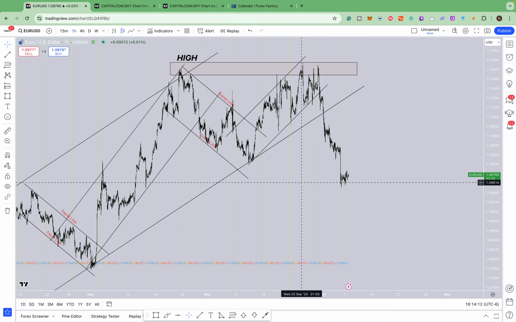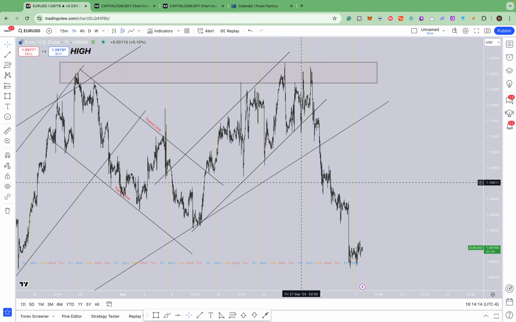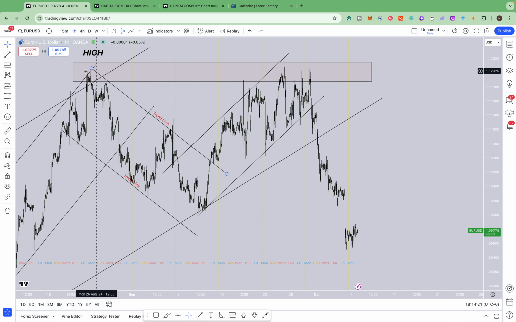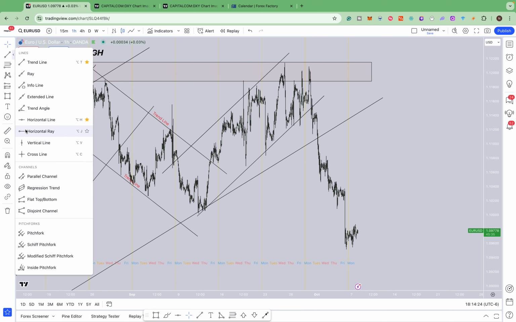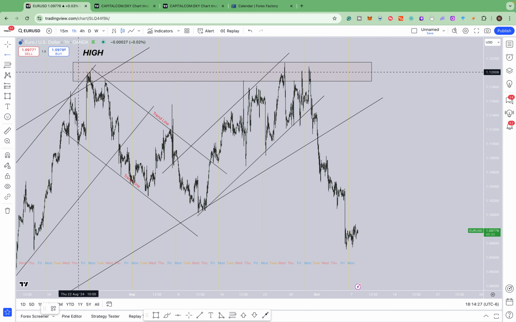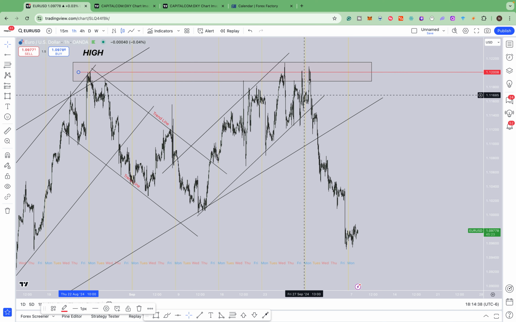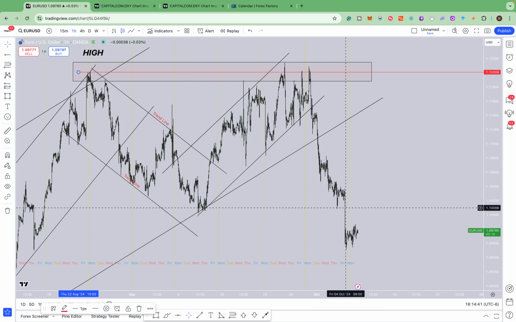So if we zoom in, we can see that as soon as price gets back to this high and breaks past this high, if we were to have a resistance here, as soon as price breaks past this resistance, it reverses off of it and then comes back, barely breaks past the resistance, reverses off of it, and once again breaks past that resistance and reverses off of it.